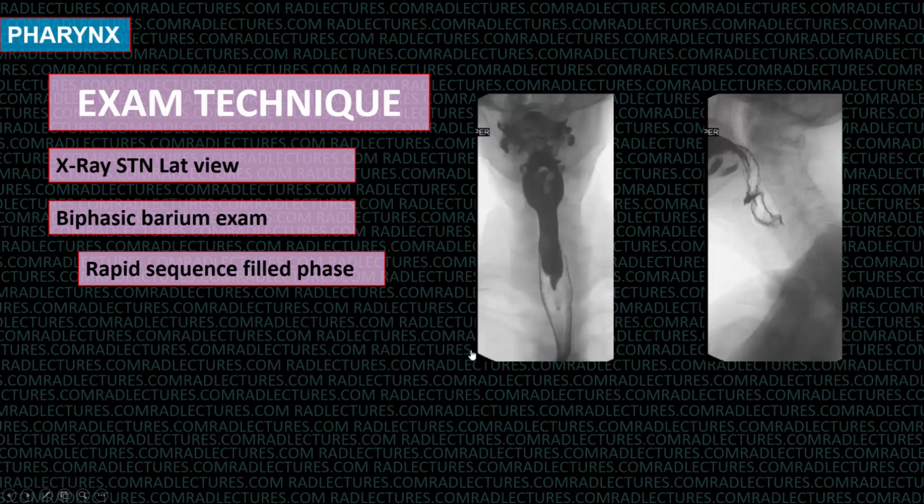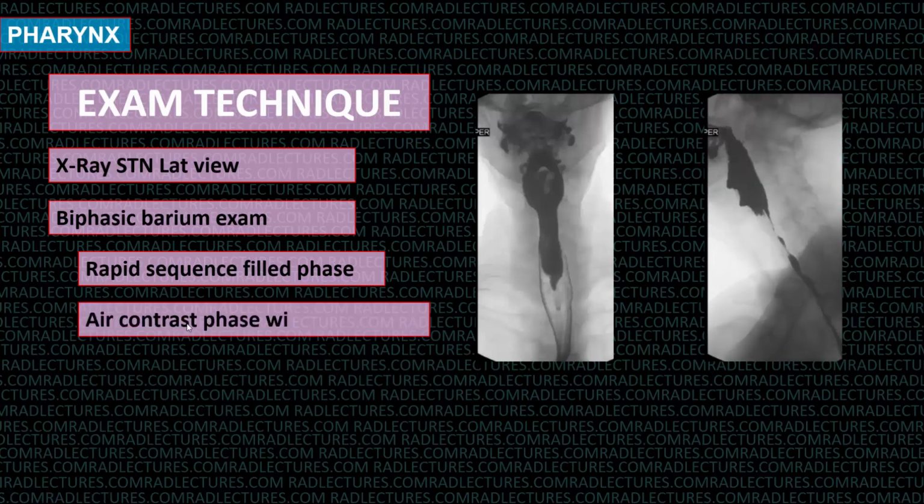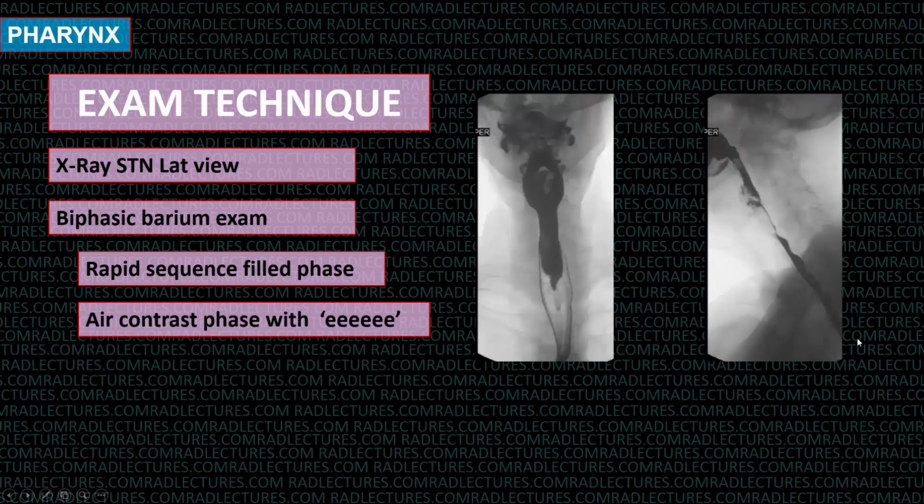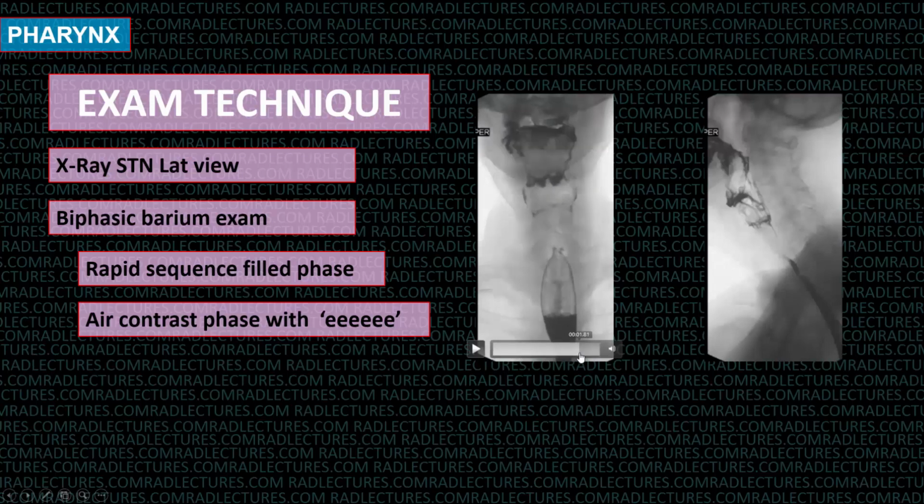And then once the contrast has gone through in AP as well as in lateral views, we do what is called the air-filled phase or air contrast phase. And that is by asking the patient to say E. It sounds funny, but what it does is it actually, in the air-filled phase, it distends the pharynx.